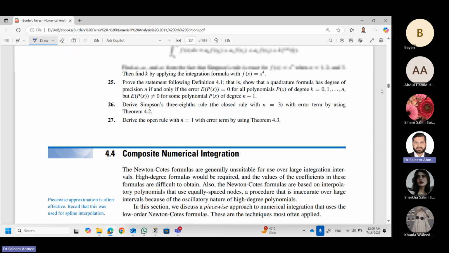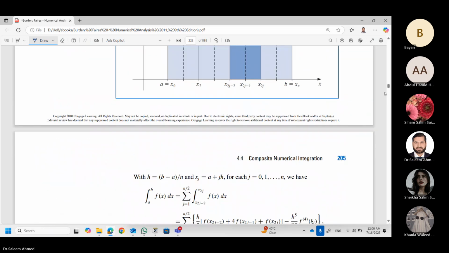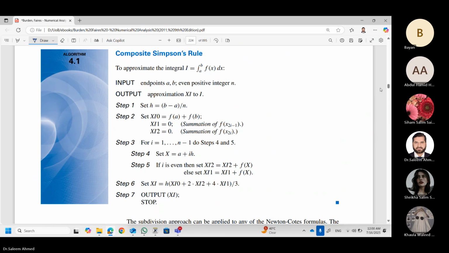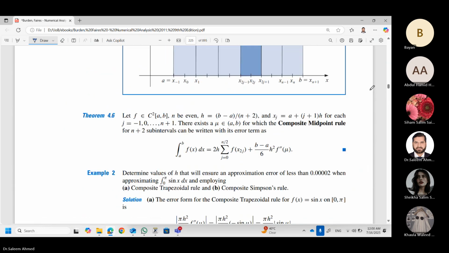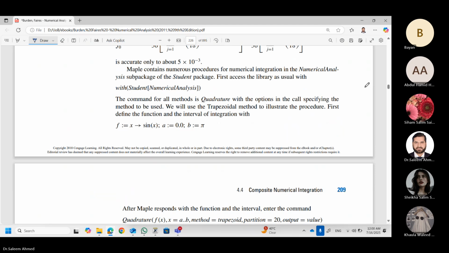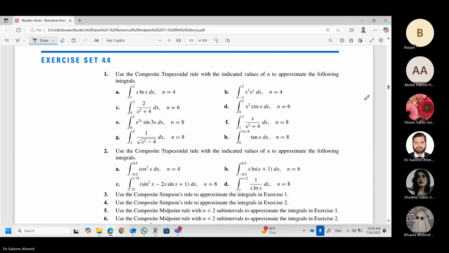So let's say here they ask me to use the composite trapezoidal rule and also the composite Simpson's rule, right?